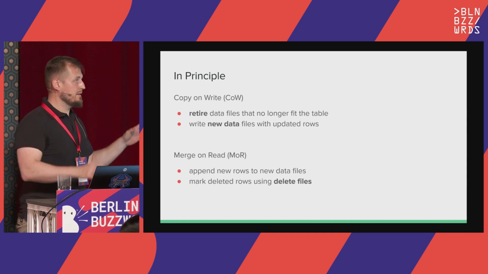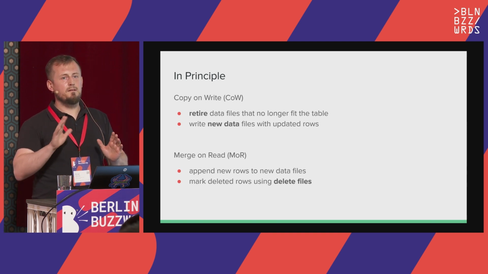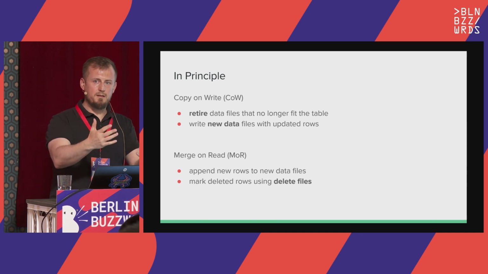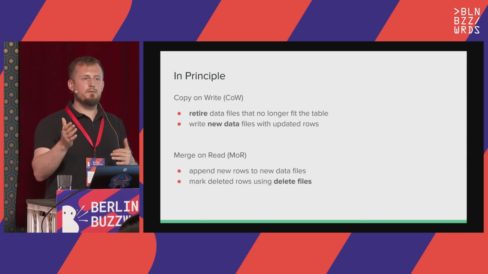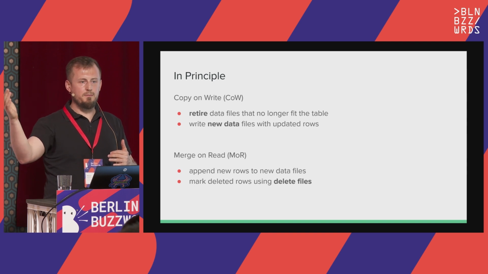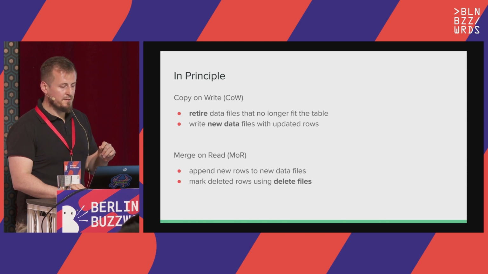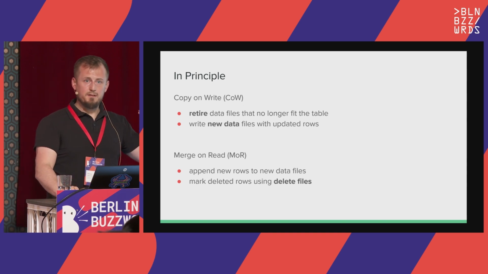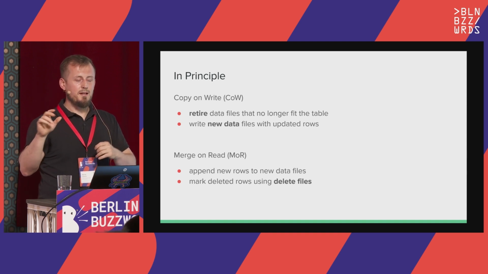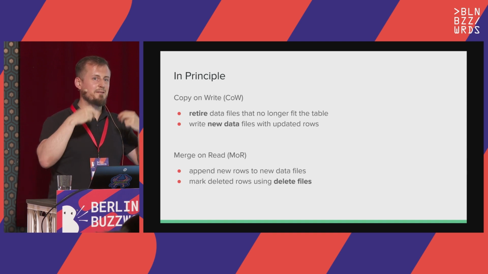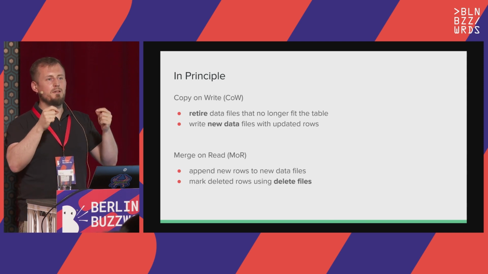So basically, the way copy on write works is that it works only on data files. So every time you modify the data, a data file can be removed or not from the table, and then more files can be added. Merge on read works completely differently, because if there is a delete, the file in which the deleted data exists stays in the table, but a small delete file is added to the data files of the table, which means that this is a much more lightweight delete.